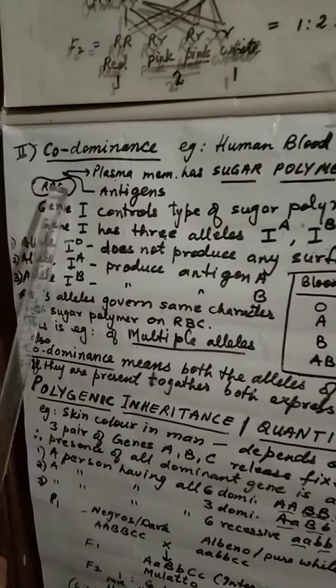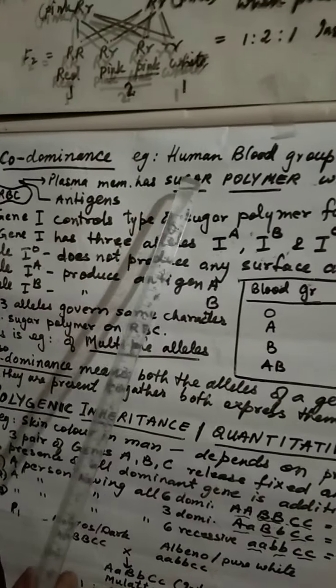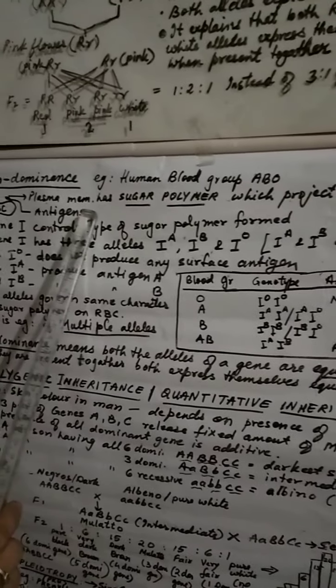The next exception was codominance. Scientists have studied this in the human blood group ABO system. Students, on the structure of the RBC, that is, on the plasma membrane, there is a sugar polymer which projects outside the RBC, and this is called an antigen.